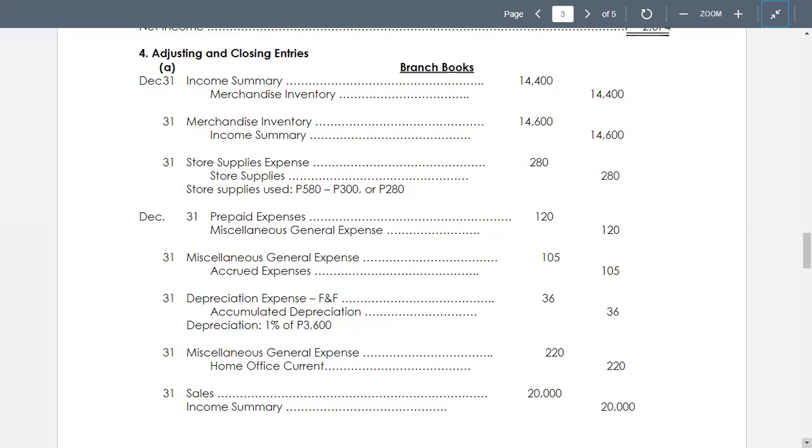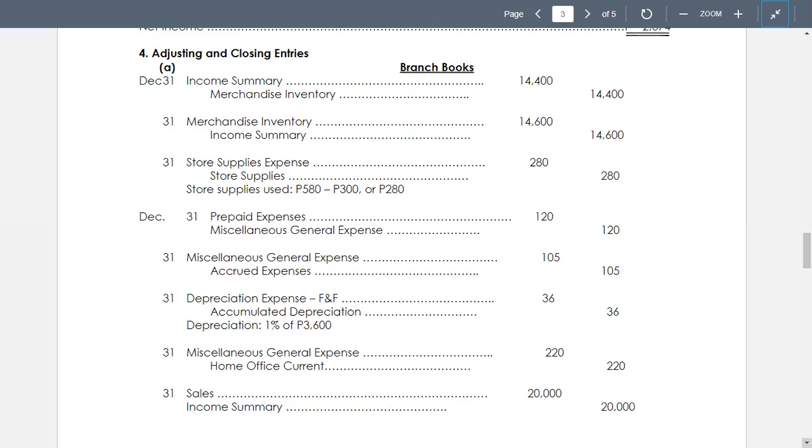Okay? So take note of the reciprocal accounts as found in the books of the home office and the branch. Likewise, we are given the following data available on December 31. Merchandise inventories: home office, 24,200. Branch, 14,600.